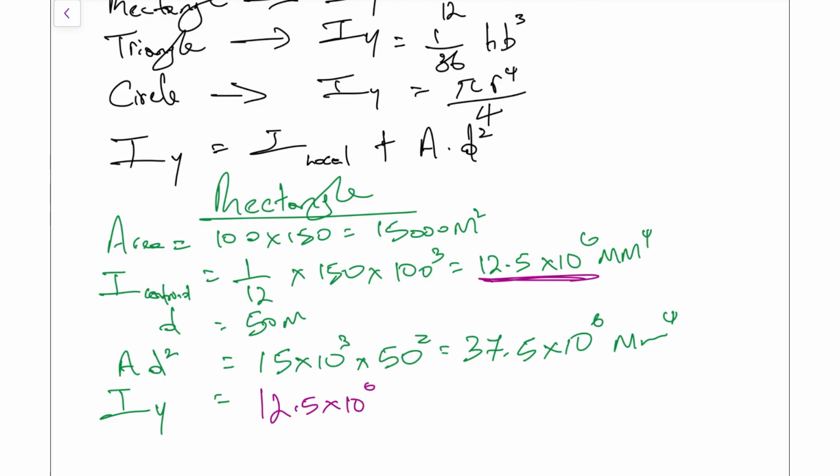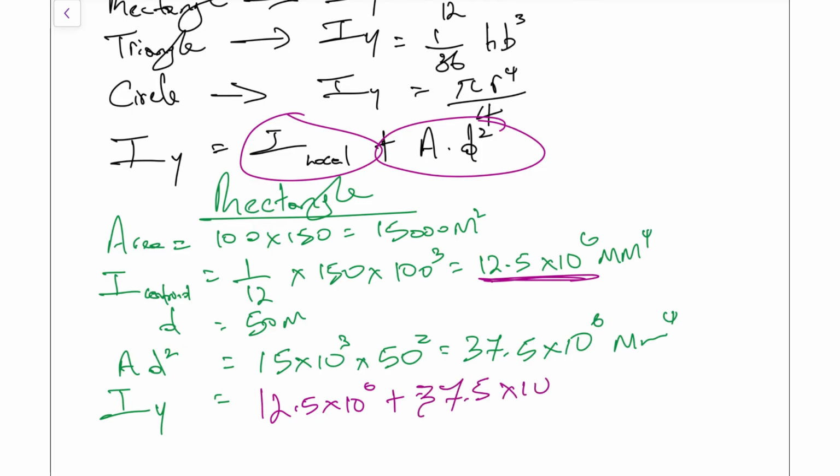And we now need to sum that, so that's going to be added with our A d squared. So we're adding that A d squared bit now, so that's going to be plus our 37.5 times 10 to the power of 6. And this gives us a grand total of 50 times 10 to the power of 6.